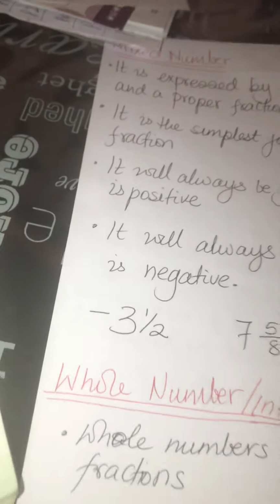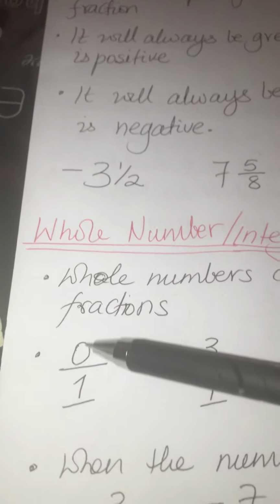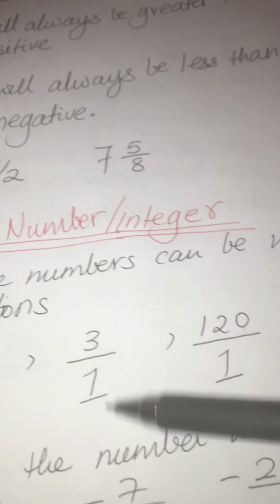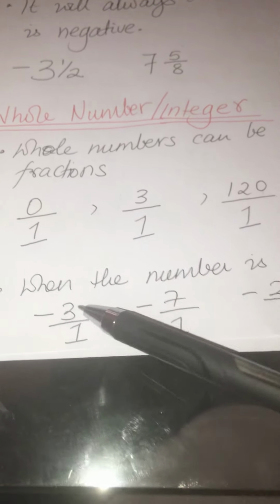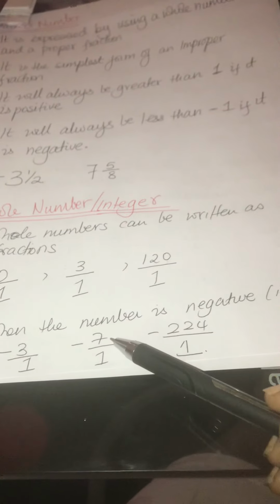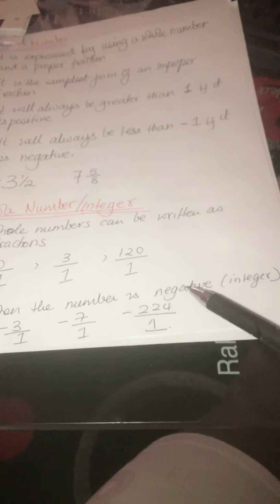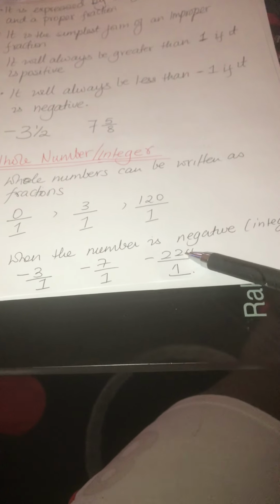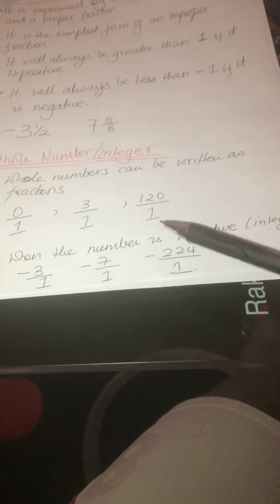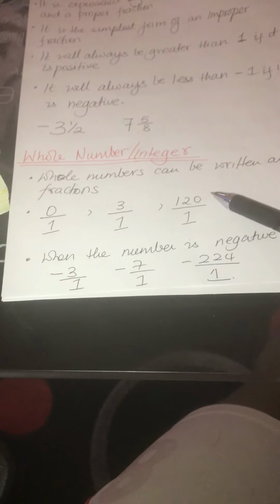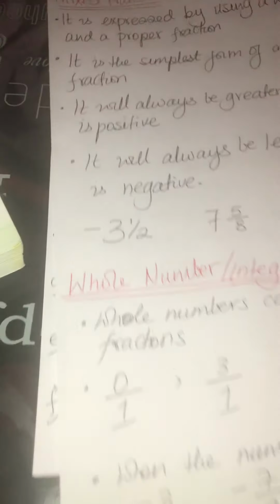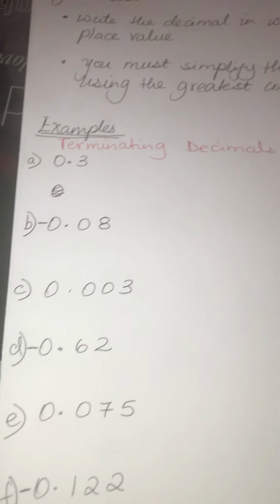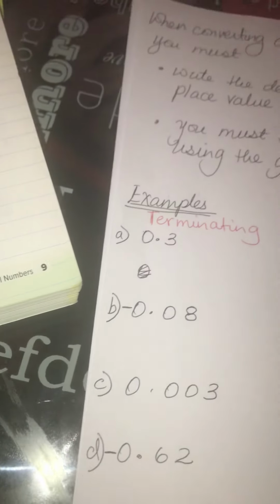So 0 over 1, 3 over 1, 120 over 1. If it is negative the same way, negative 3 over 1, negative 7 over 1, negative 224 over 1. So I did both negative and positive numbers. All right. So we finished that.